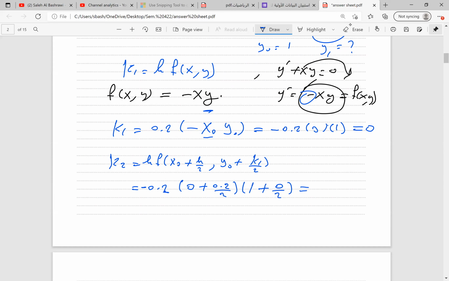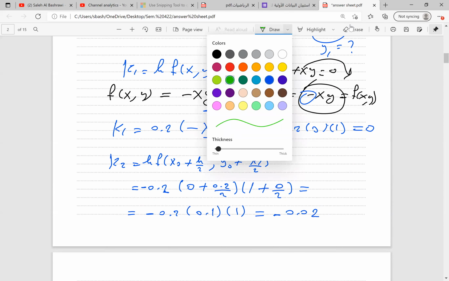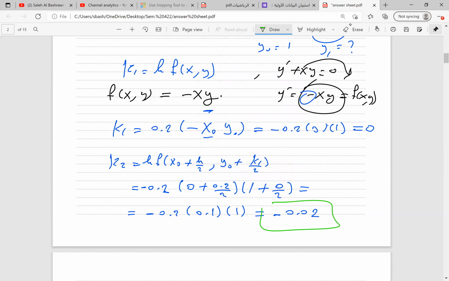So it is minus 0.2 multiplied by 0.1 multiplied by 1, which is equal to minus 0.02. So this is k2.